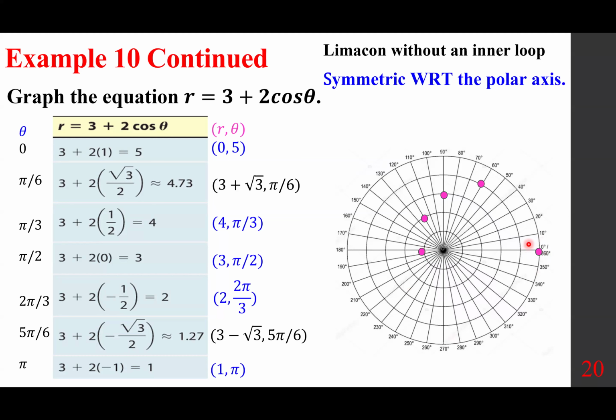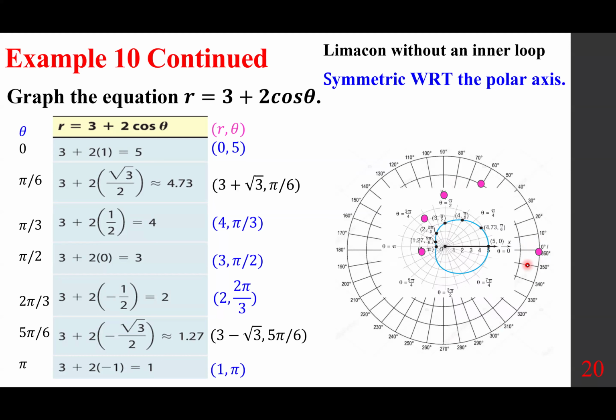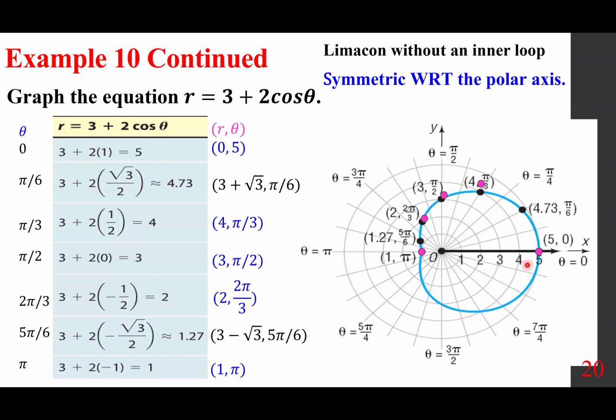So if you draw the top, the bottom is identical because of the symmetry. So here's the top portion, and here are the 2 points that I didn't do: 4.73 pi over 6, 1.275 5 pi over 6. You can see that. It's not exact, but you get the picture. And the bottom is here too.